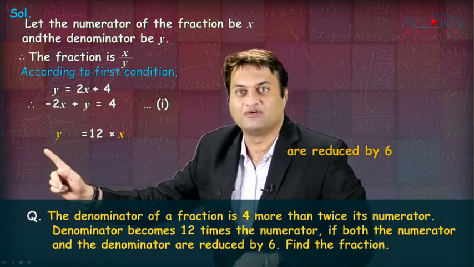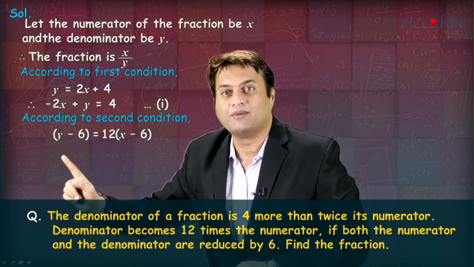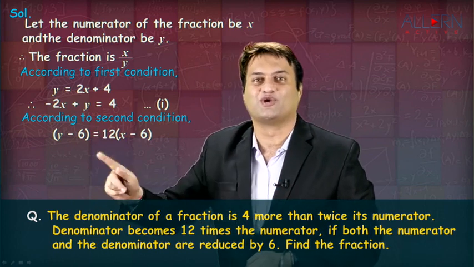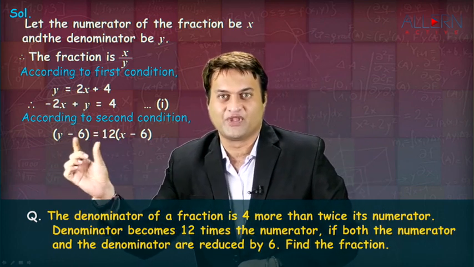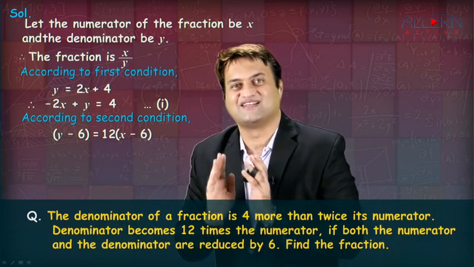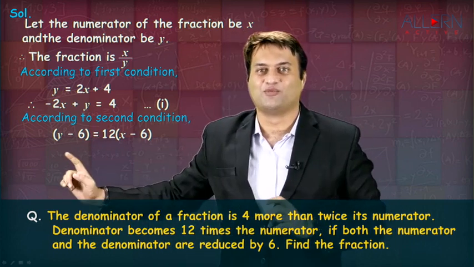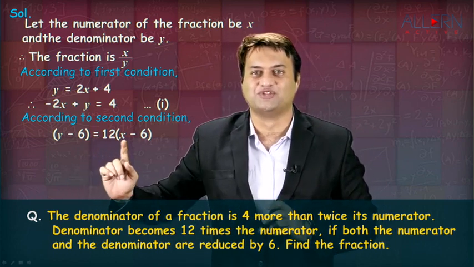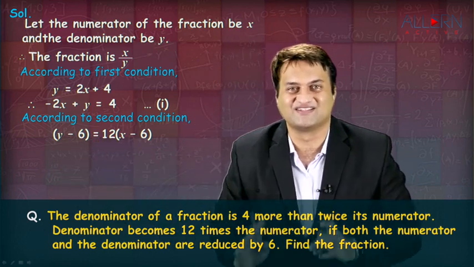So, the equation will not be y is equal to 12x, equation will be y minus 6 is equal to 12 into x minus 6. So, reduced denominator is equal to 12 times the reduced numerator. y minus 6 is equal to 12 times x minus 6. Got this?